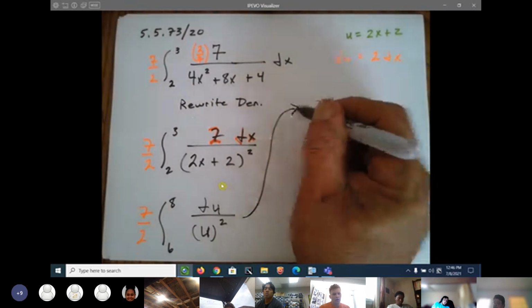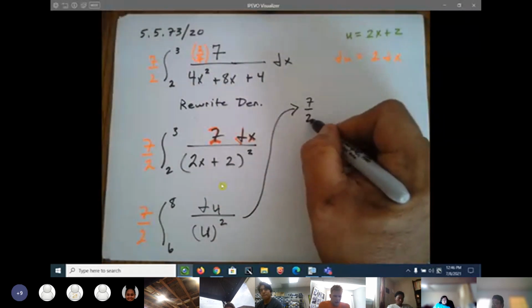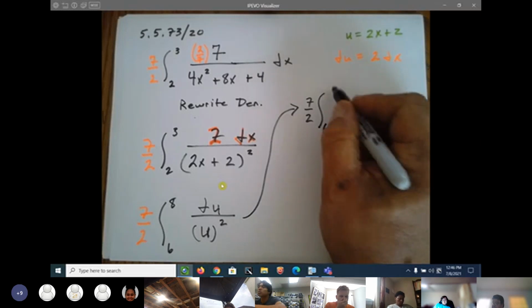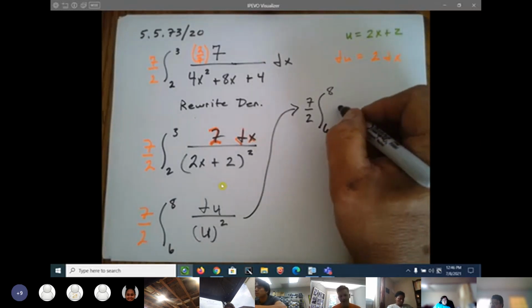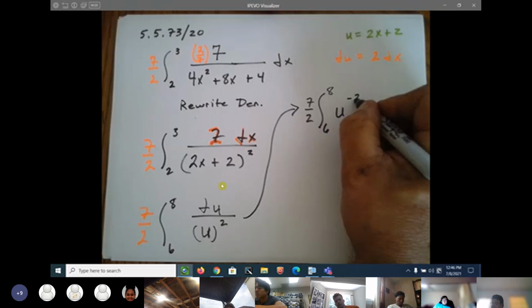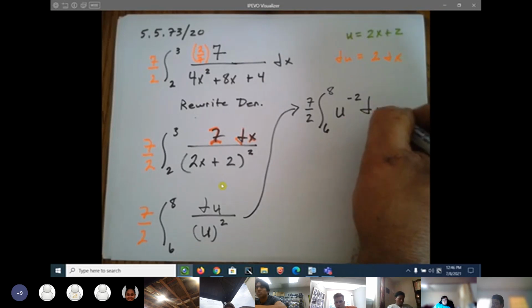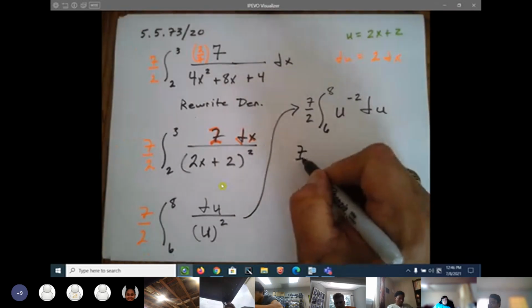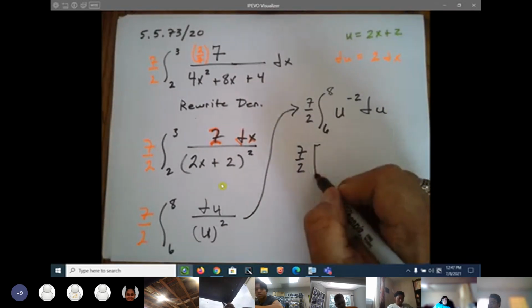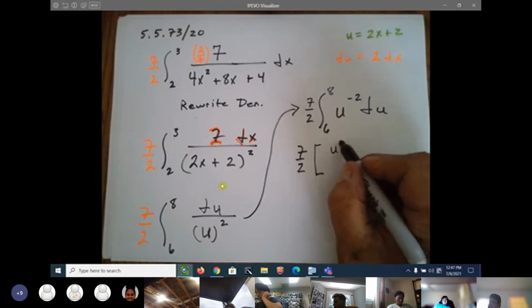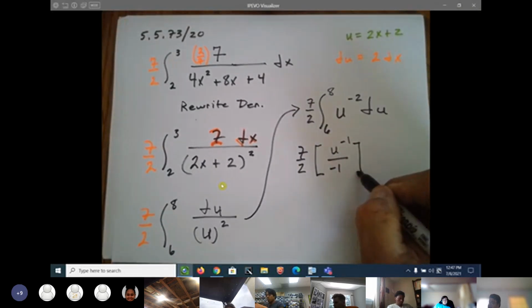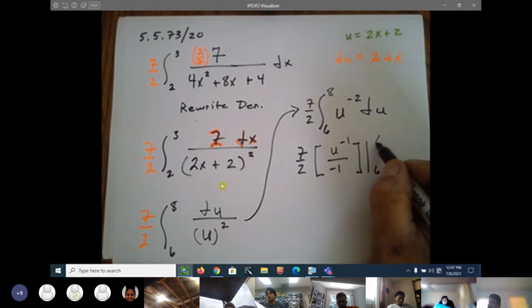Which would give you 7 halves antiderivative from 6 to 8 of u to the negative 2 du. And now you've got power rule. 7 halves times u to the negative 1 over negative 1, evaluated at 6 and 8.